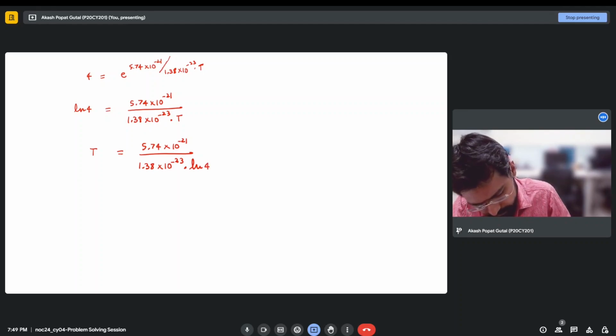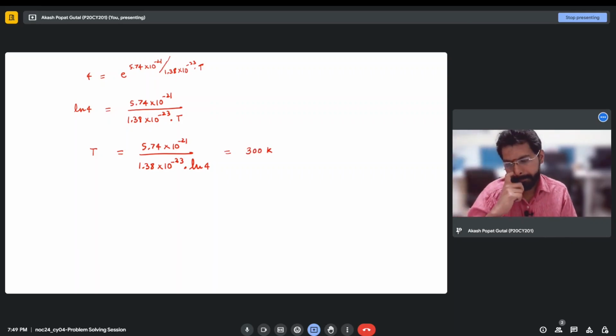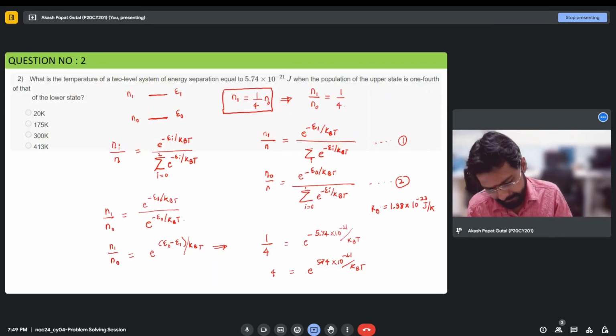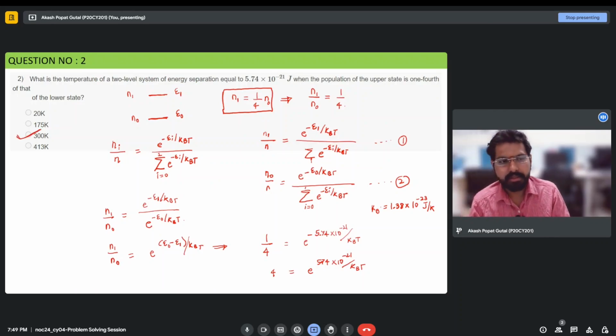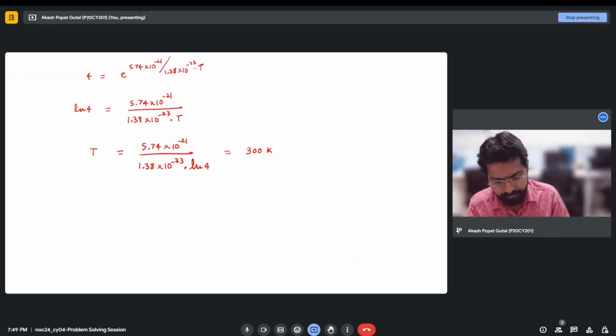The log of that will give you the answer. If you calculate it, that will give you 300 Kelvin, and the answer should be option number 3, 300 Kelvin.